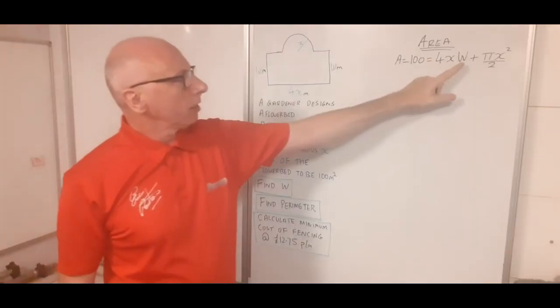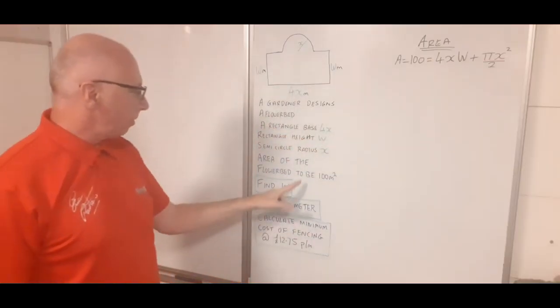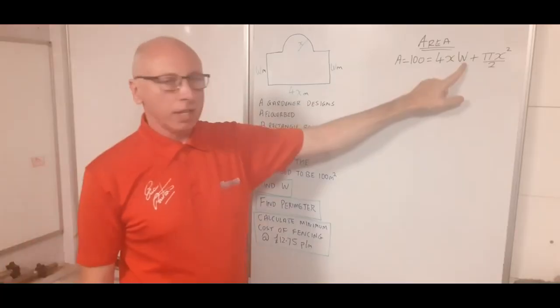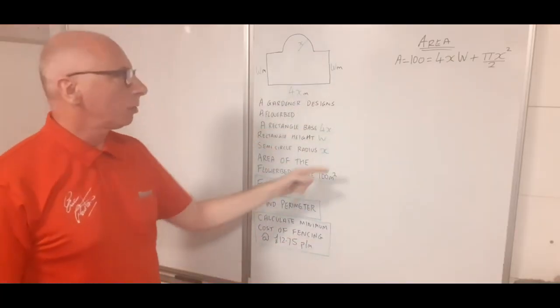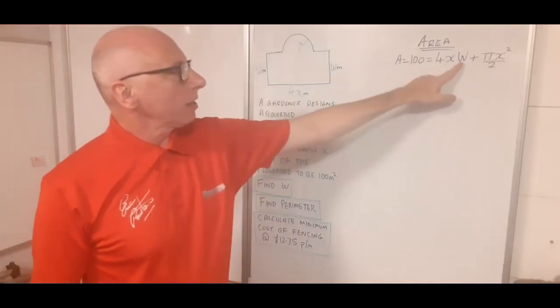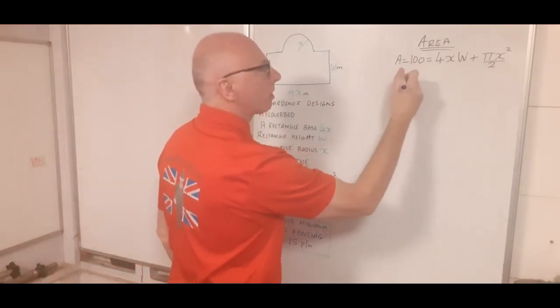Now here, pi is a constant, x is something that we're going to need to find our particular perimeter, but we can isolate the w already. It says to find w, so we can do that from this equation here. So let's isolate that. So let's bring the pi x squared to this side.